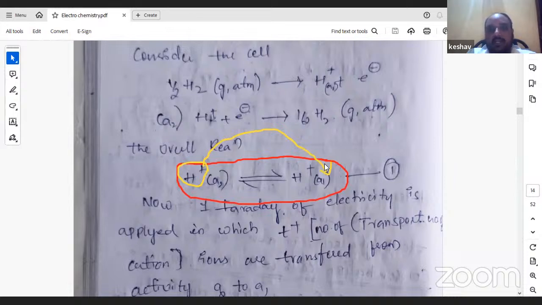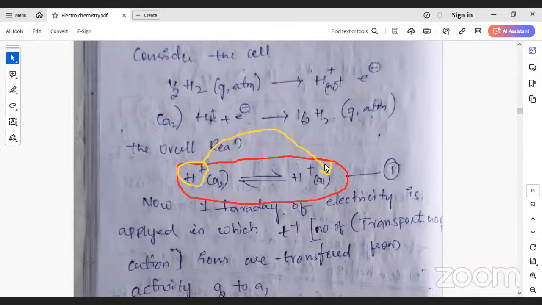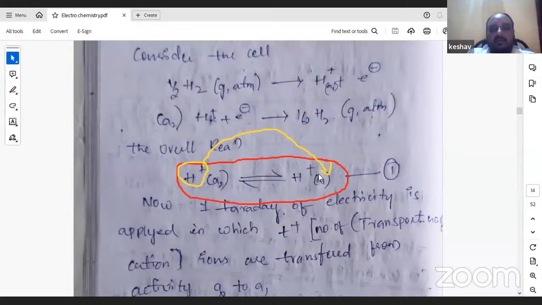That condition we already applied previously, right? But how many ions are transferred? That can be explained with the help of its transport number, right?